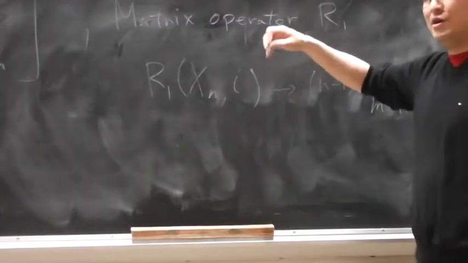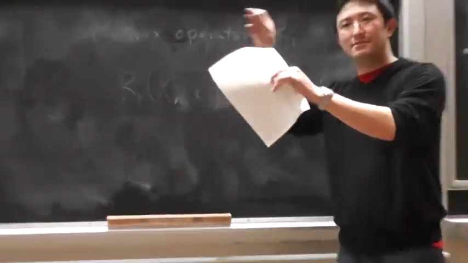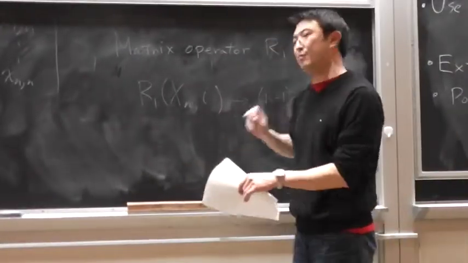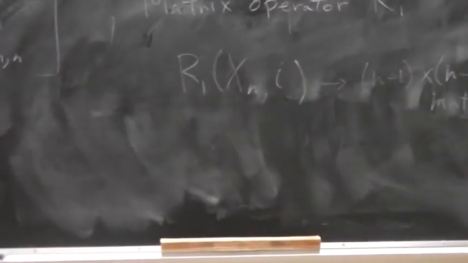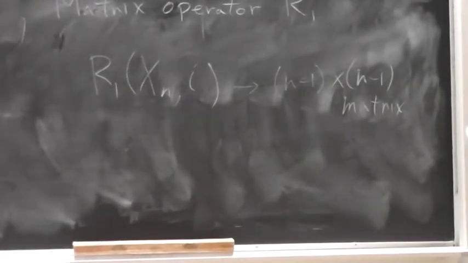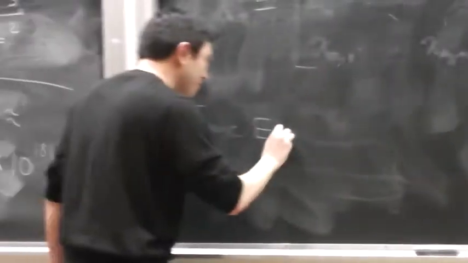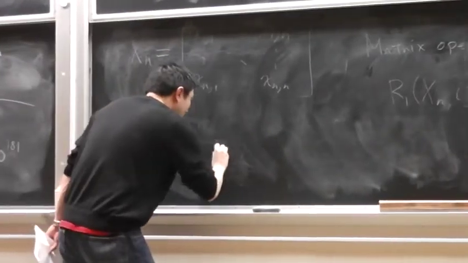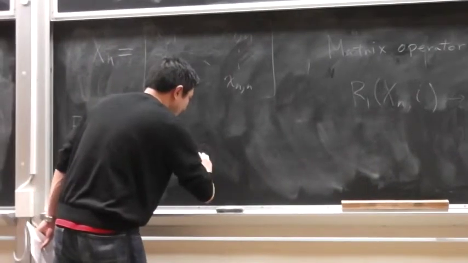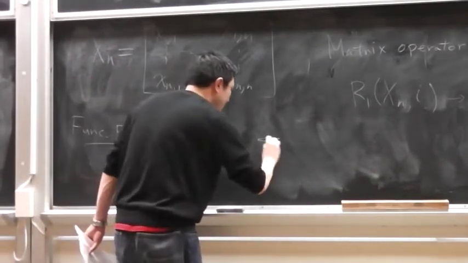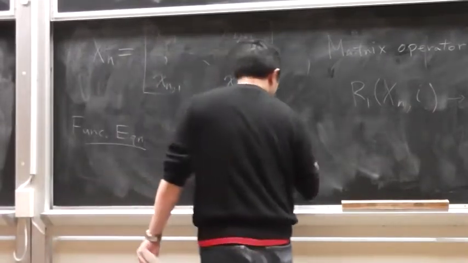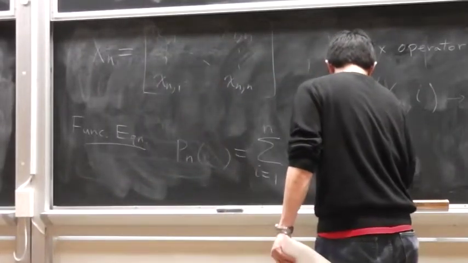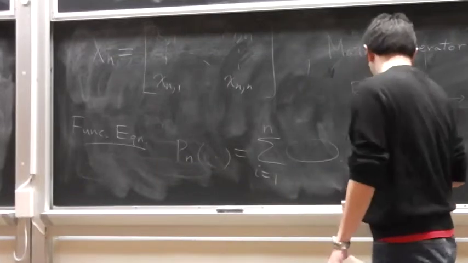Essentially, it deletes a row, combines 2 columns, and scales the diagonal in particular. And with these things, you can finally derive a functional equation for this object. It would look something like n, and there's some stuff here, and then Pn minus 1.